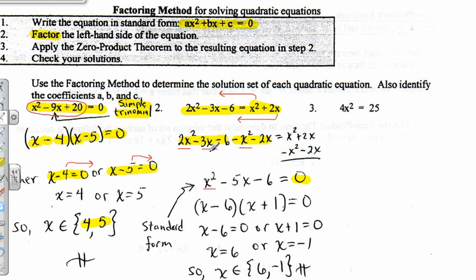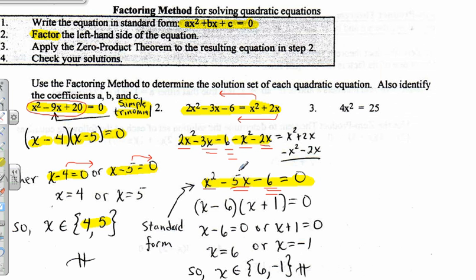When you take the negative 3x and subtract 2x, since the signs are the same, that gives you a negative 5x. And of course, we have this constant right in here, which I just bring down. So this equation sitting right here is a quadratic equation in standard form.